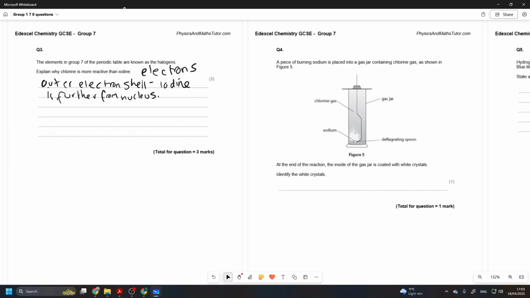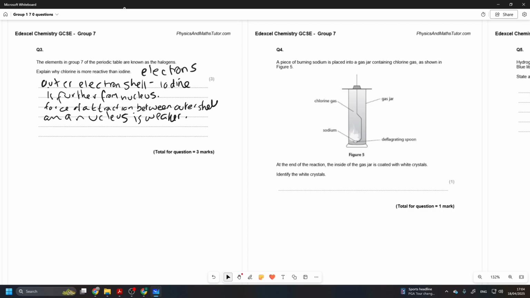Okay. So, does that mean there's a strong attraction or a weak attraction between the nucleus and those outer shell electrons? It means it's a weaker force of attraction between the outer shell and the nucleus.